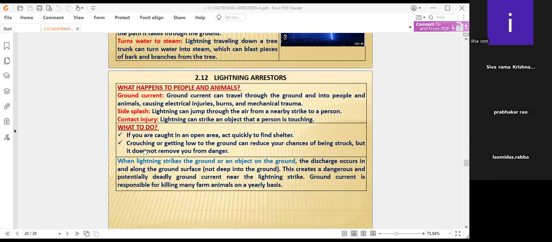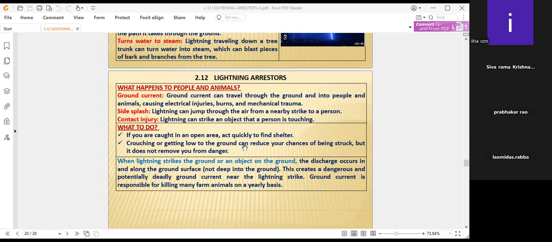What to do for this? If you are caught in an open area, act quickly to find shelter. Crouching or getting low to the ground can reduce your chances of being struck, but it does not remove you from danger. Even if you go for shelter, it protects you to some extent, but not from all danger.